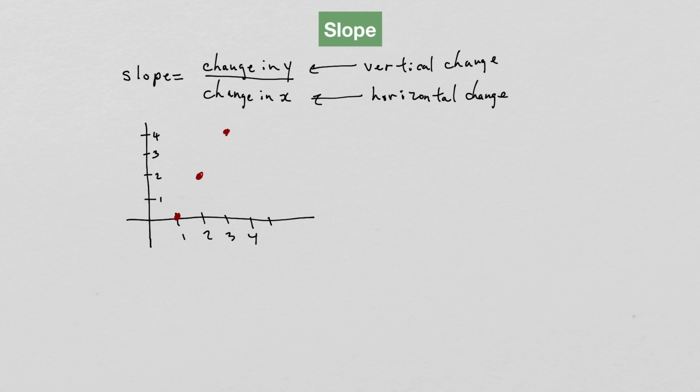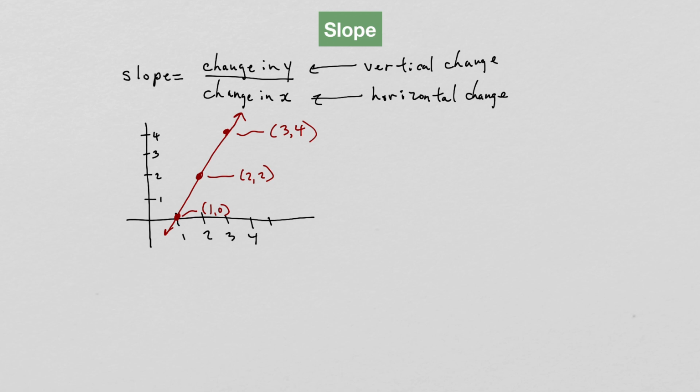Okay, so we've got a line that looks like this. And here are the coordinates: 1, 0. This is 2, 2. And this is 3, 4. Okay, so to find the slope of this line, you could take any 2 points on this line and find their difference. So the difference in y, or change in y, and the change in x.